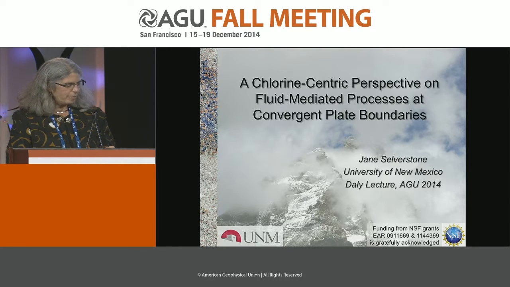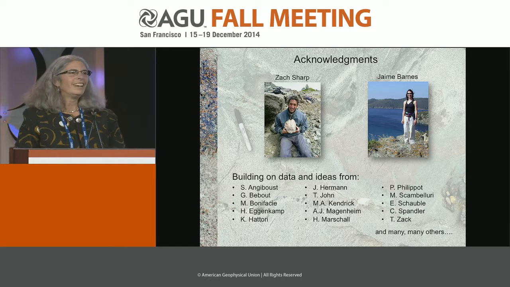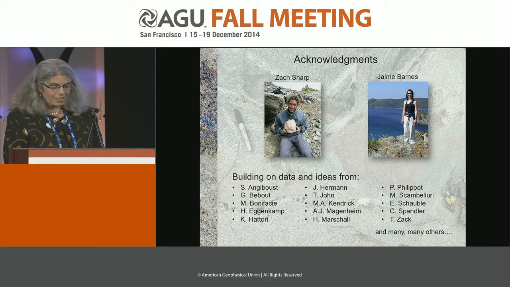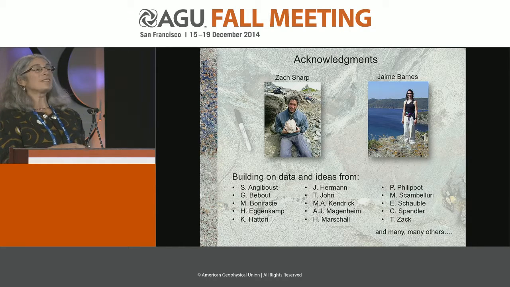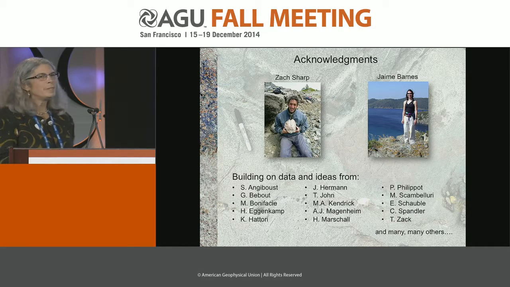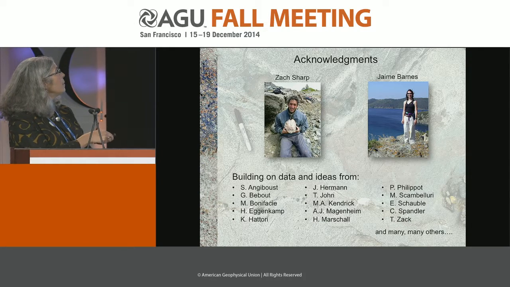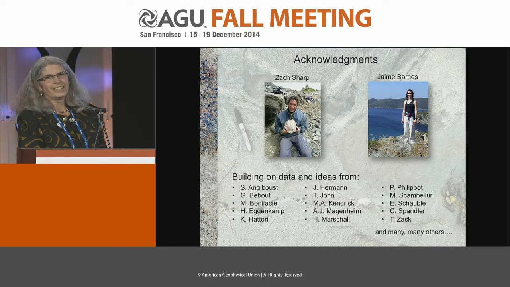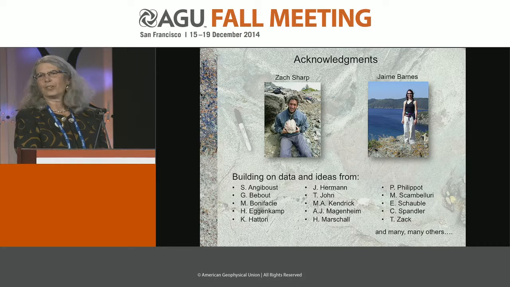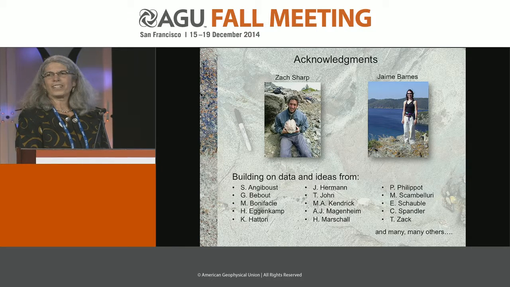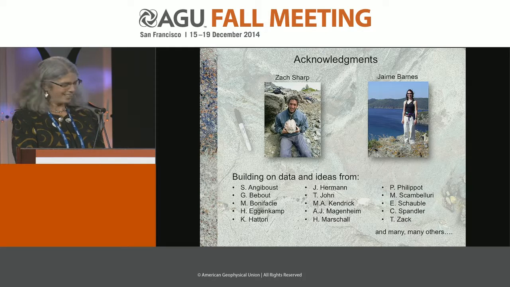And to get started, before I get into the details, I want to acknowledge that I am talking about results, data that have been collected collaboratively with Zach Sharp and building extensively on the work of our former student, Jamie Barnes, and also building on a lot of data and ideas from many, many other people. Although for the rest of this talk, I'm mostly going to subject you to my own data and ideas.